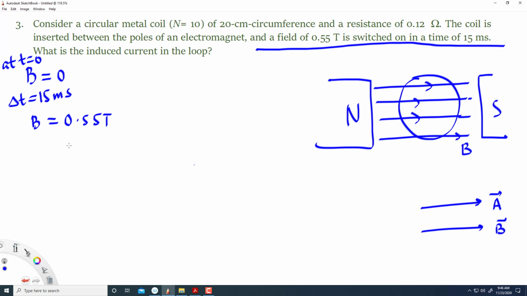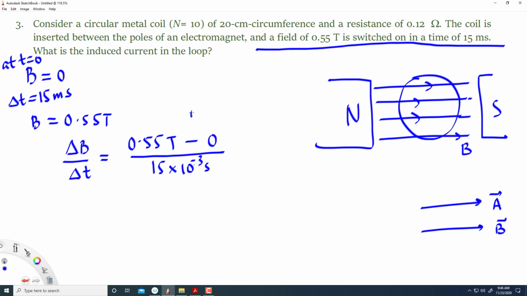So that means delta B over delta t is: delta B is 0.55 Tesla final minus initially 0, and the time duration is 15 milliseconds. So that's what we are changing. We are changing the magnetic field with time.